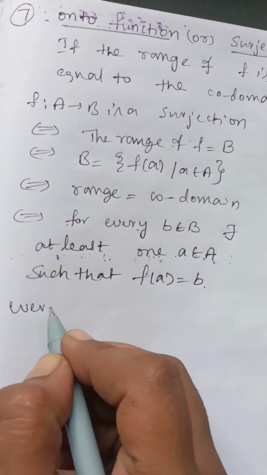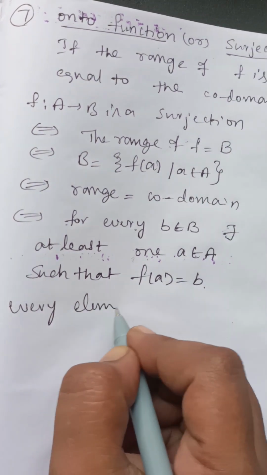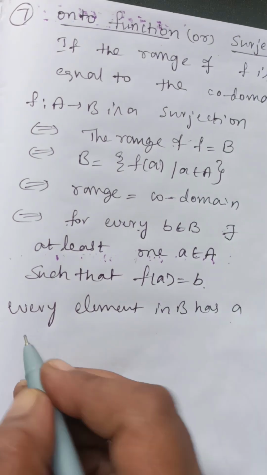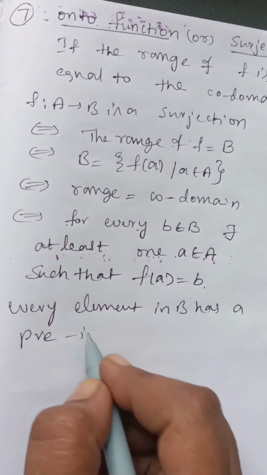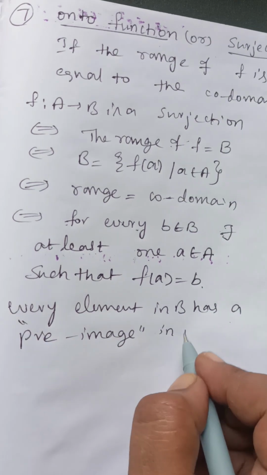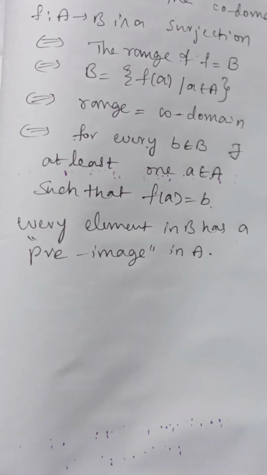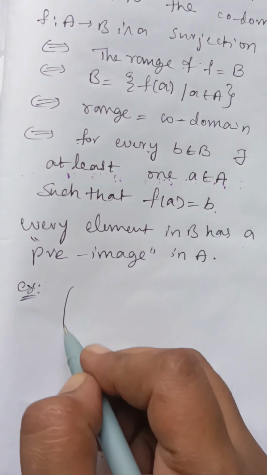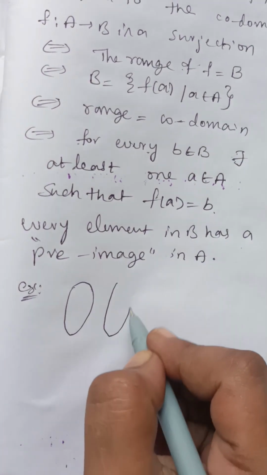So these are the definitions for onto. So every element in B has a pre-image in A.